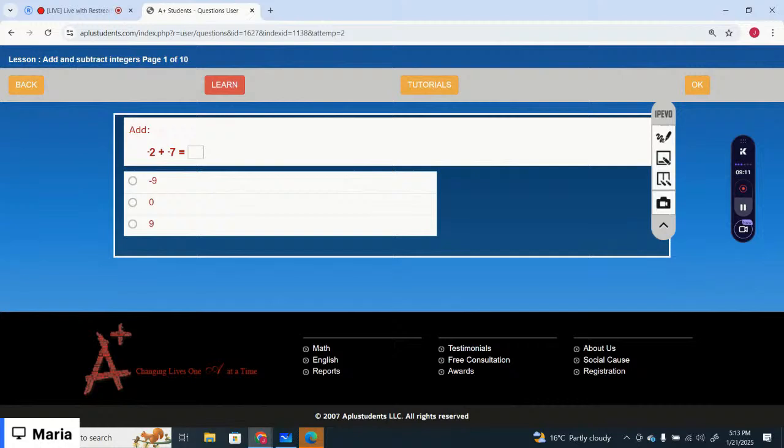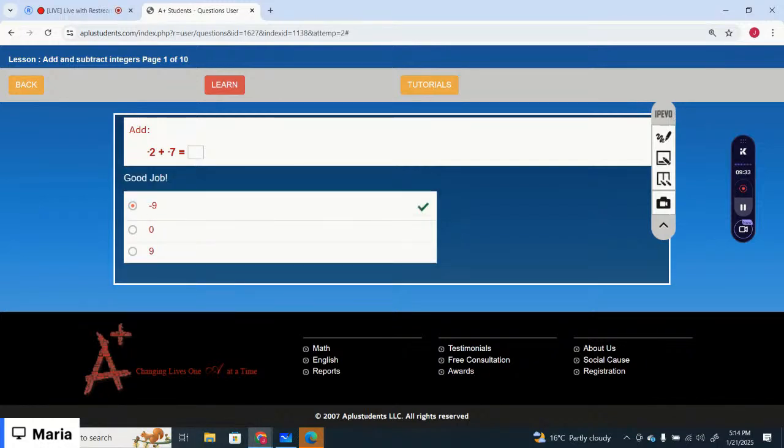Negative 2 plus negative 7. You are adding two negative numbers. Adding two negative numbers, the answer is always negative. So that is negative 9. Option number 1 is the correct option.